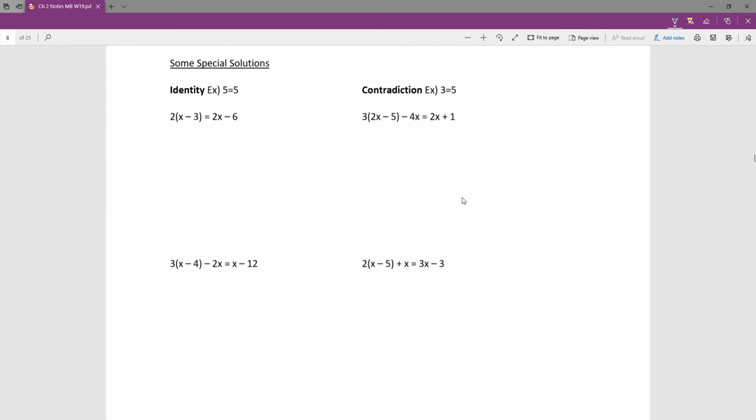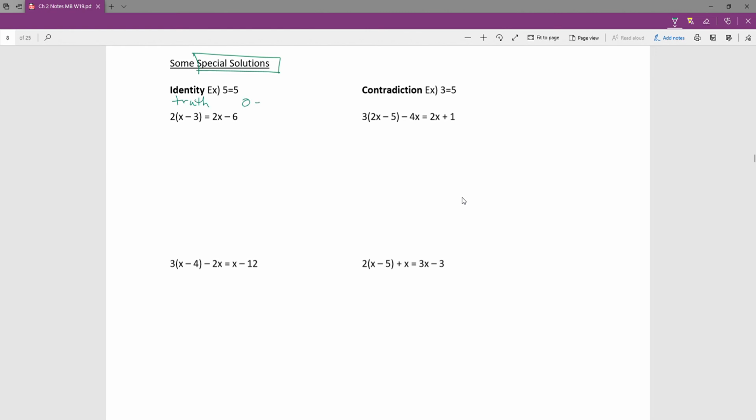We're going to finish up this 2.3 with some oddballs. And so these are some special solutions. These are some things that I can't help but give personalities. So if you dutifully go through and are using all the strategies for solving equations, and you get down to weird things, something that says 2 equals 2 or 0 equals 0, you know, an absolute truth.